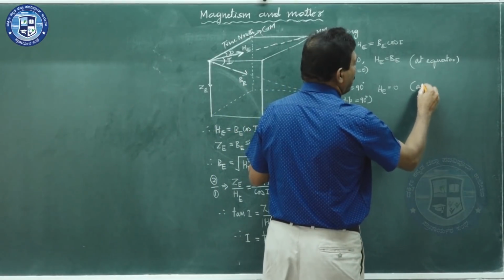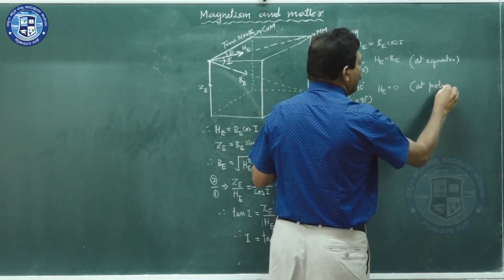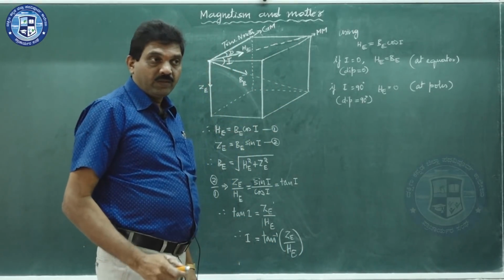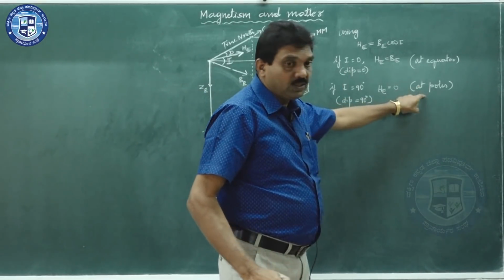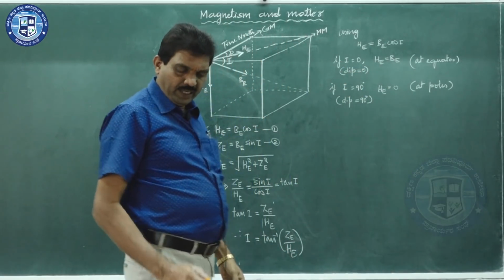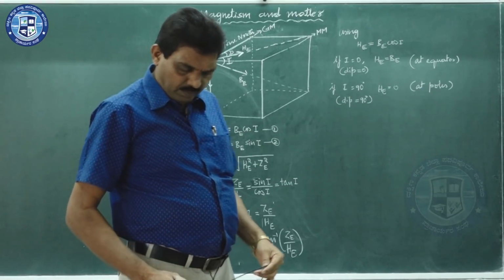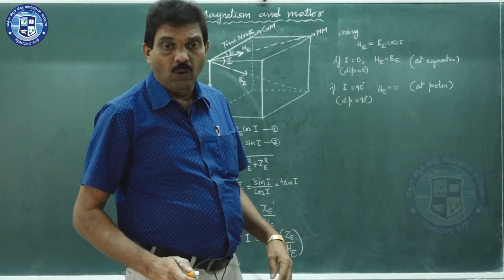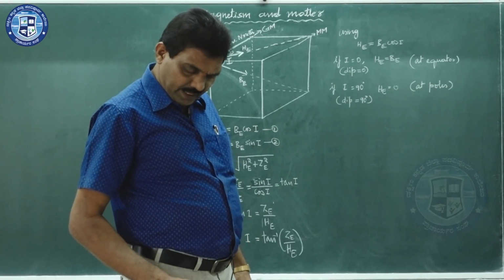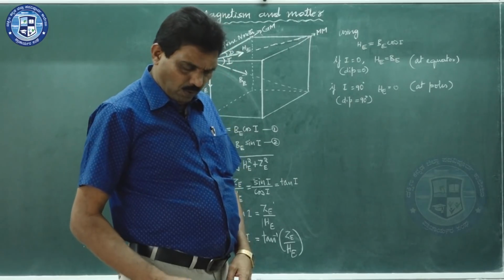Here at the poles, dip is 90 degrees. So, magnetic dip is maximum at the poles and minimum at the equator. So, this is the conclusion. Magnetic dip is 0 at the equator and 90 degrees at the pole.